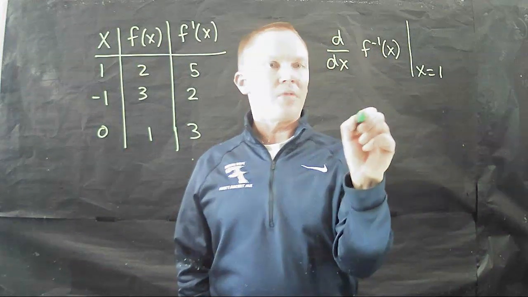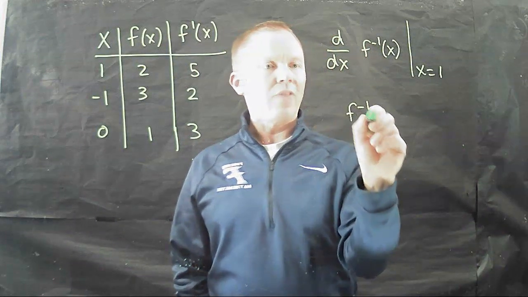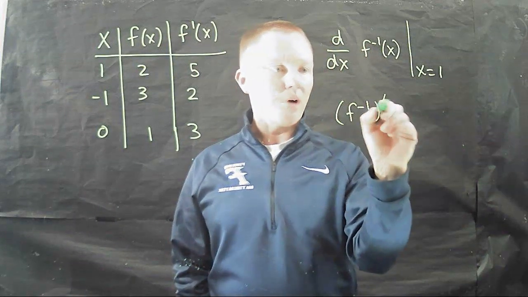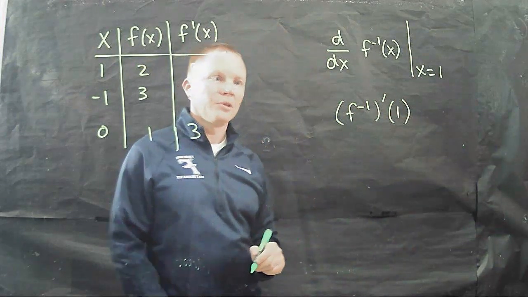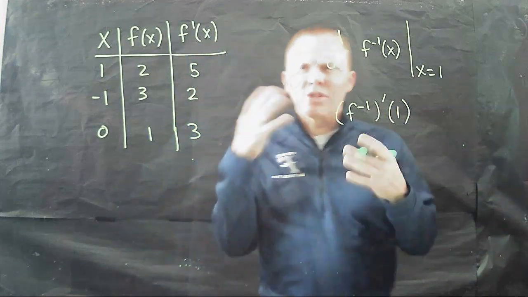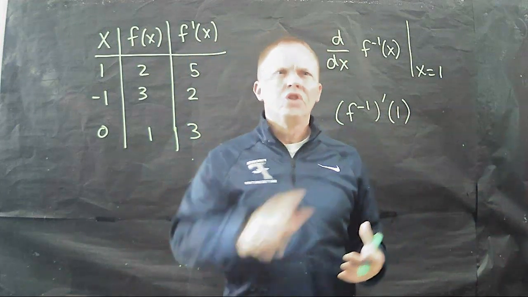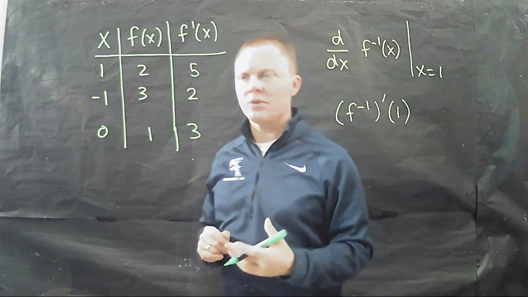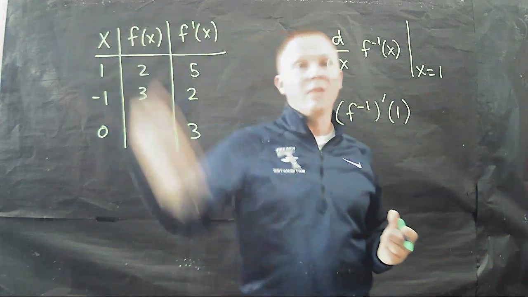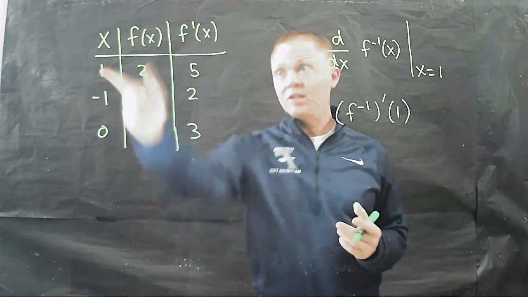Another way of representing it might be this. F inverse prime of 1. Okay? So what I'm really after here is I want the slope of the tangent to the inverse function when x equals 1. Now, if you notice, I don't have a table here for f inverse. I just have f values.